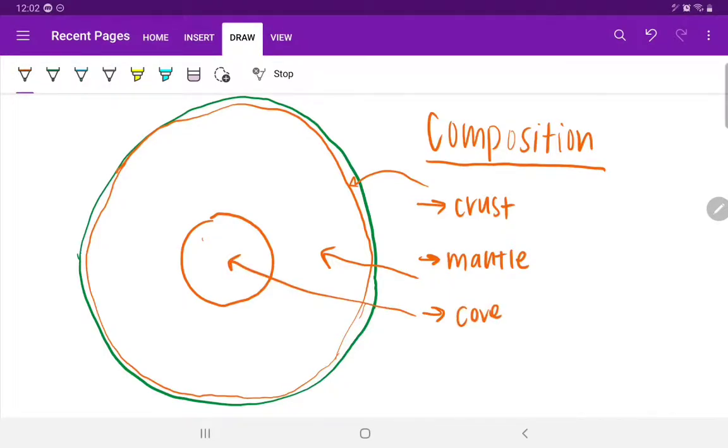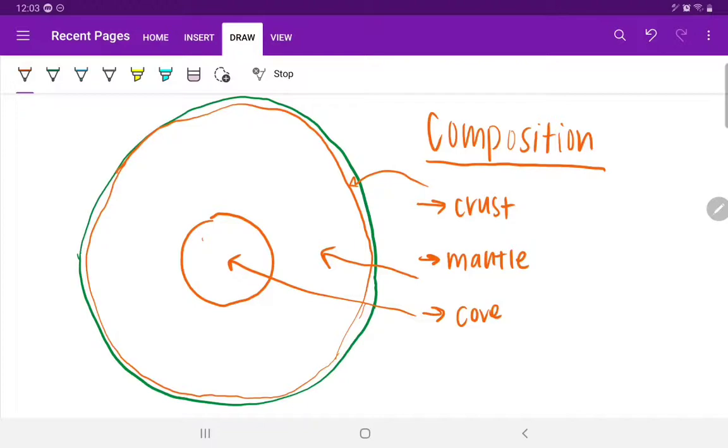I mentioned that these layers can be distinguished by their density. If we think back to the formation of Earth, at some point in its history, Earth was this very molten ball of various metals that were all melted. As the Earth started to cool, the denser, heavier metals started sinking towards the center of the Earth, where the gravity is strongest, and the lighter elements and lighter metals stayed at the surface.